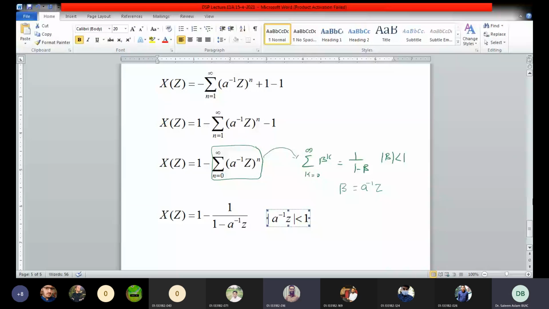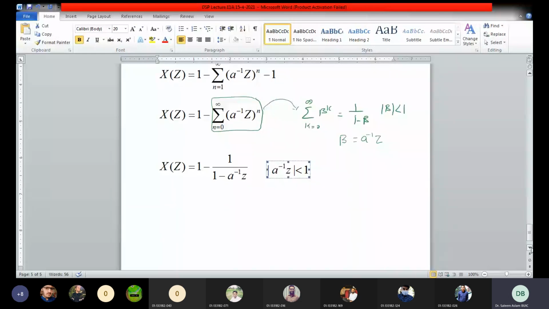Sir, A should be greater than Z. A should be greater than Z or Z should be less than A, because it would become... because we are running short of time, so let me simplify this expression. You have to try this yourself.